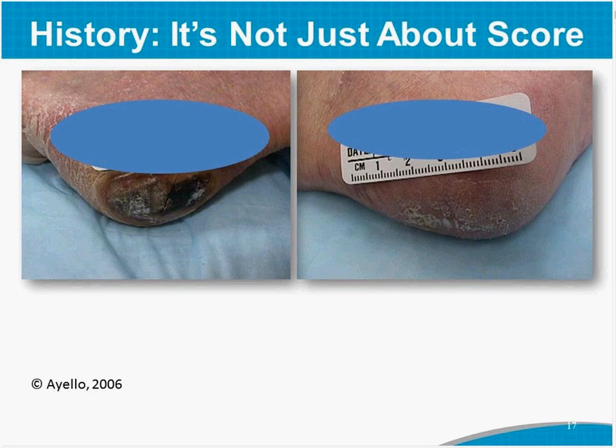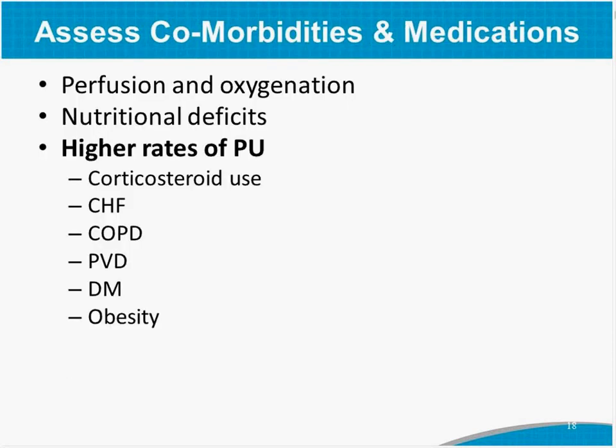So in the new NPUAP, EPUAP, PPPIA 2014 pressure ulcer guideline, at a B level of evidence, they say if they have an existing pressure ulcer, they are at risk of developing more, and certainly a history of pressure ulcer, because tensile strength is only about 80%, puts them at risk of developing pressure ulcers.